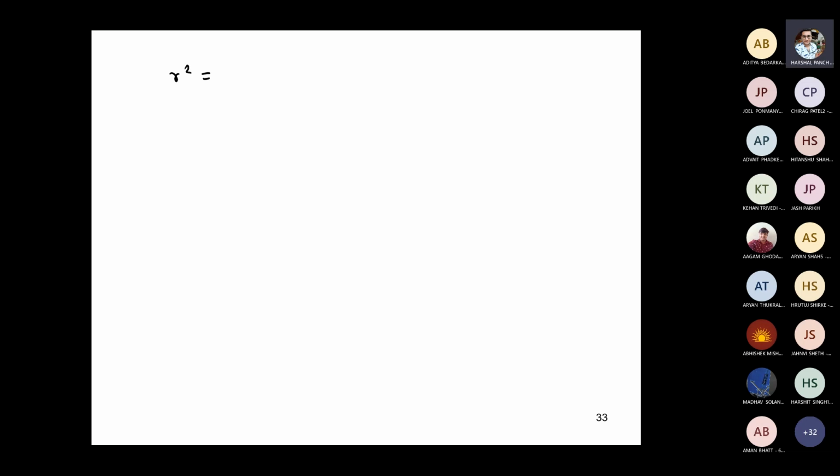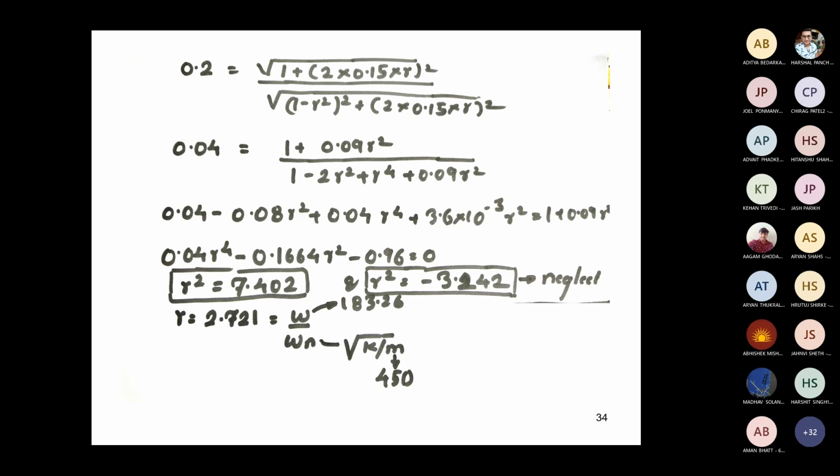Correct. You get a quadratic equation in r square, so you get two answers. 7.402 and the other is negative, so this is to be neglected. Okay, so r is 2.721. That is equal to omega by omega n, and omega is 183.26.